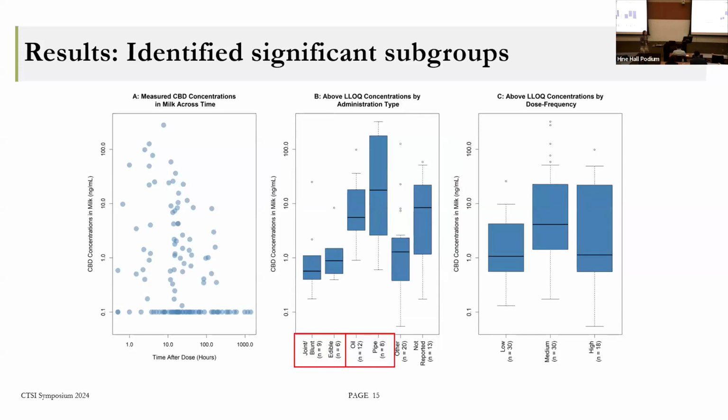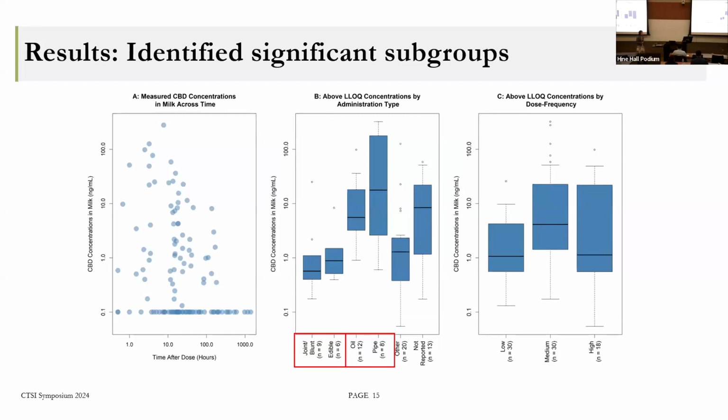And then on the right-hand side, we also have our dose frequency, which I separated into low, medium, and high. Just pointing out here that, again, I'm not showing any BLQ values there, but we do tend to see some sort of potential relationship, especially in the administration types.